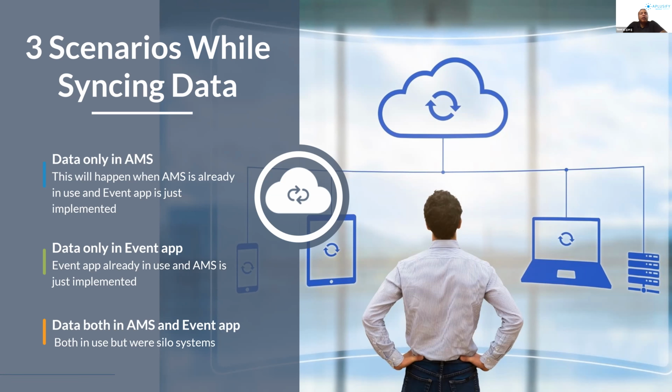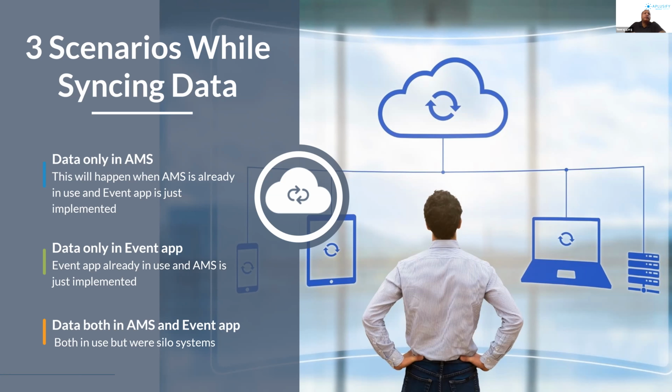The third scenario can be that you're using both, and they are both siloed systems and you want to integrate. So it's very essential that you bifurcate these three scenarios and explain that to your technical team before any kind of integration, because that would determine whether it's a two-way sync or a one-way sync.